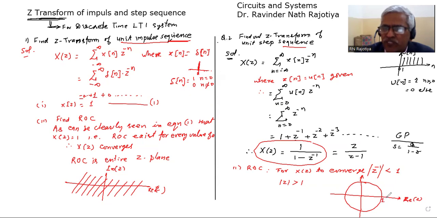So beyond this will be the ROC. So this is my complete plot.